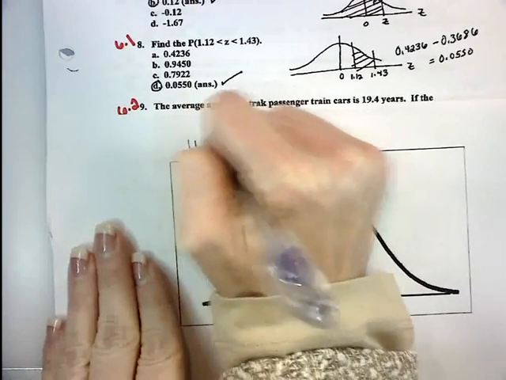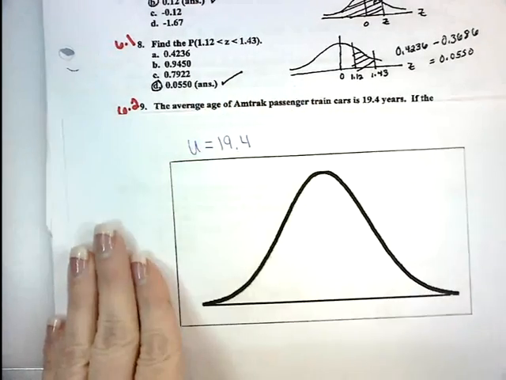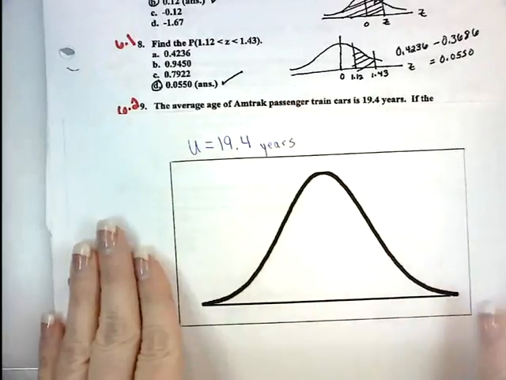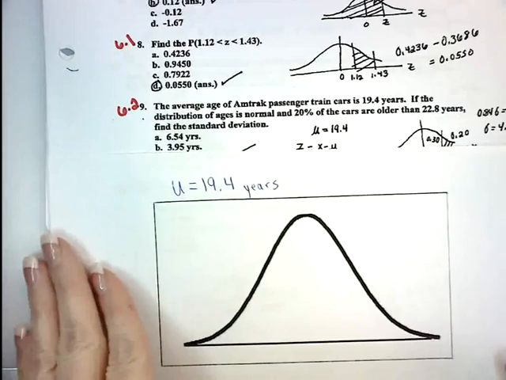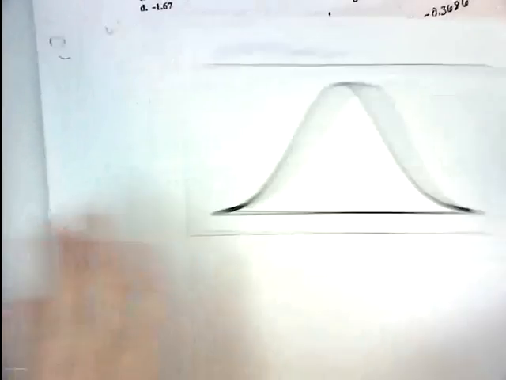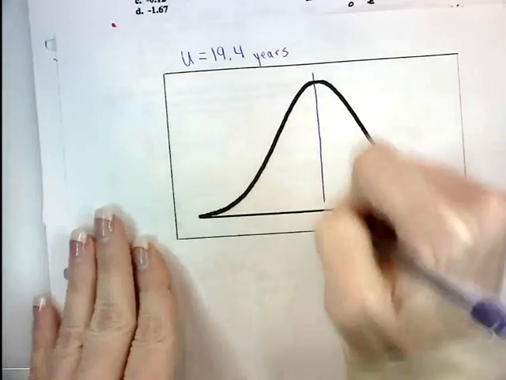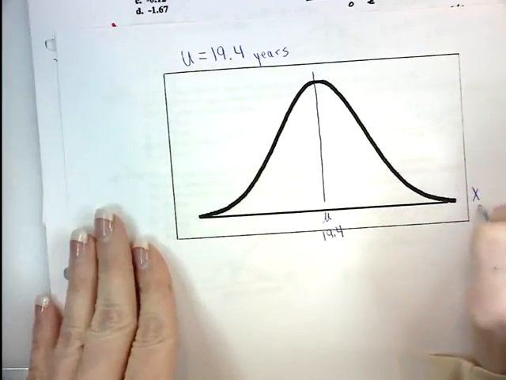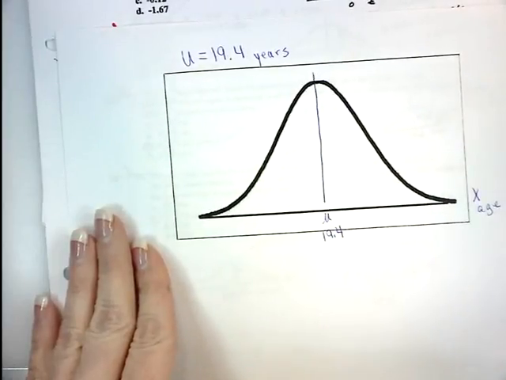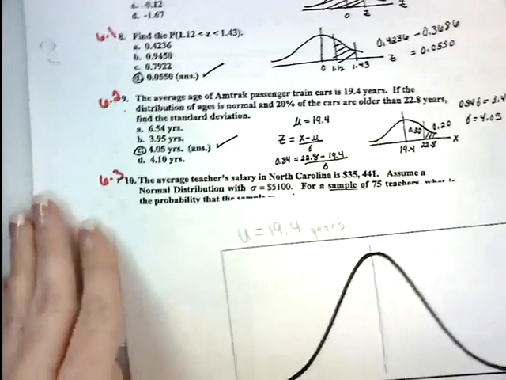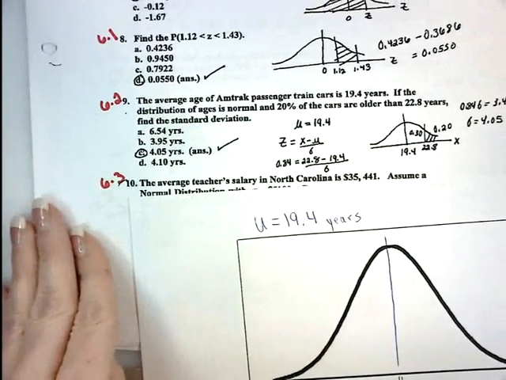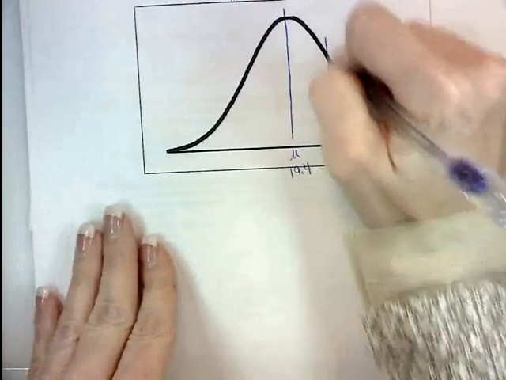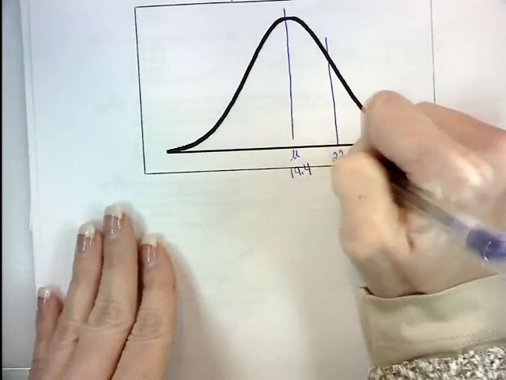The mean is 19.4 years. And we have to find the standard deviation. And so let me draw the picture, what we have so far. 19.4 is at the center, and X is age. It says 20% of the cars are older than 22.8 years. 22.8 should fall here.